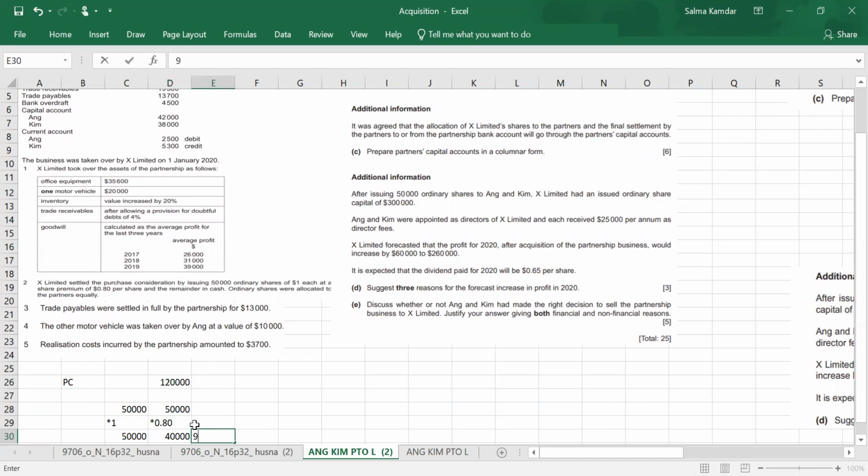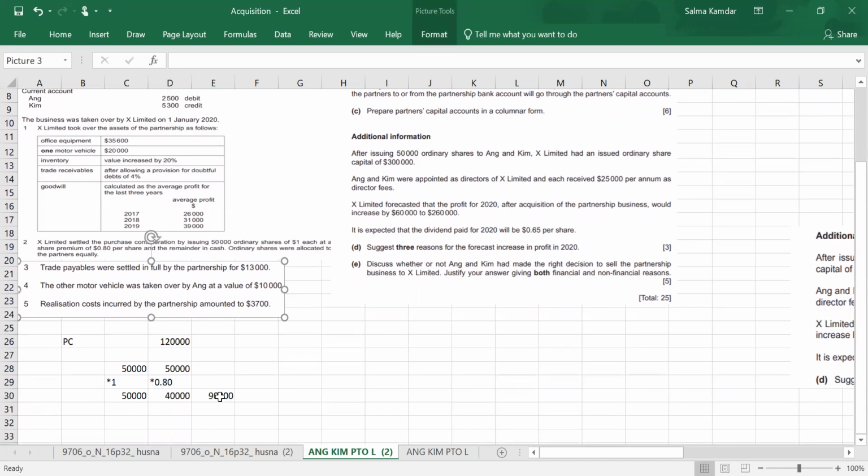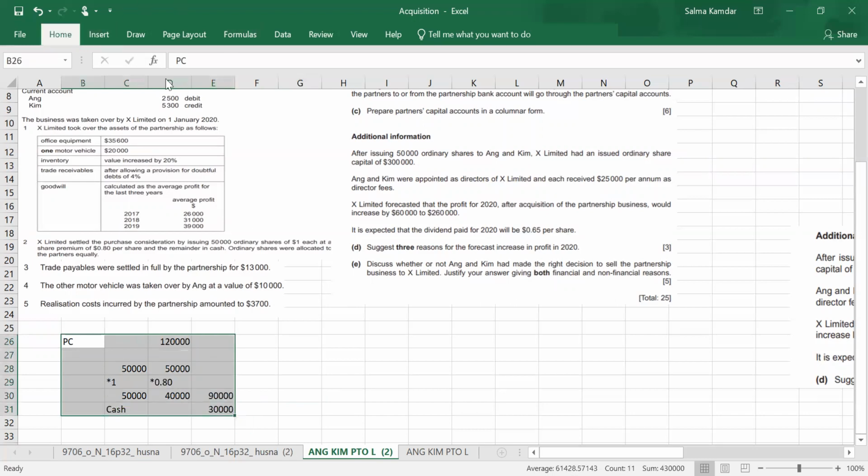So this total is 90,000 and the remainder in cash. So what is going to be given in cash? How much has to be discharged by X Limited? 120,000. This is what they're giving as share capital, this is what they're giving as premium, so the remainder would be cash. So 30,000 is the cash. This is the discharge of purchase consideration.